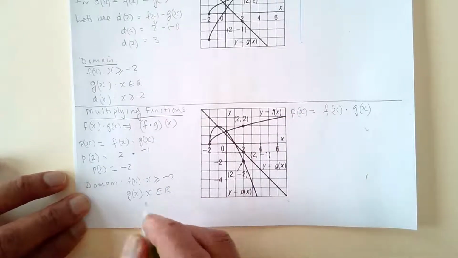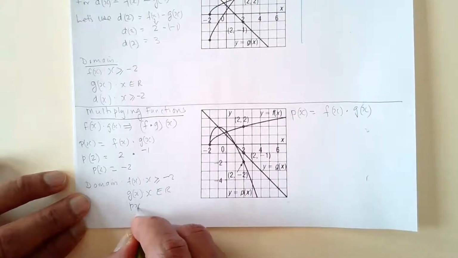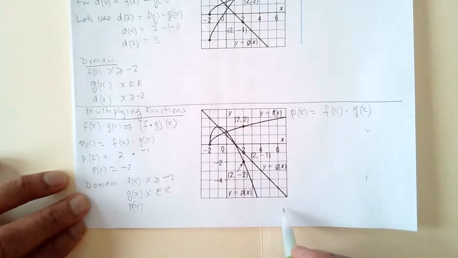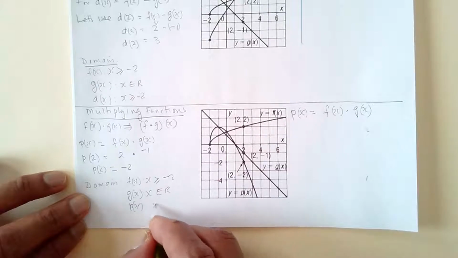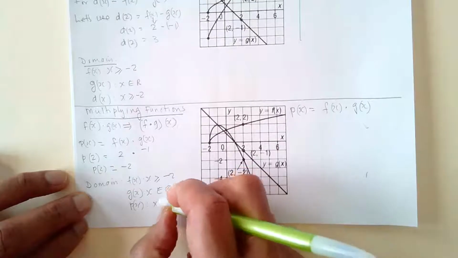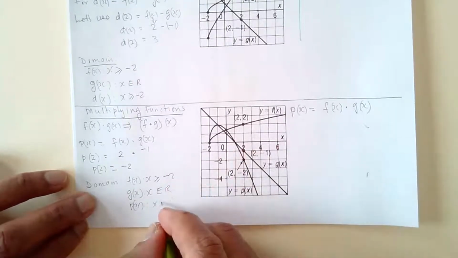And for p of x, this graph starts from negative 2 and goes to infinity. So we say x is greater than or equal to negative 2.